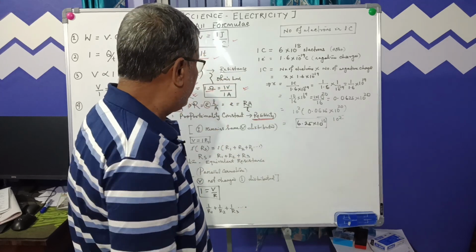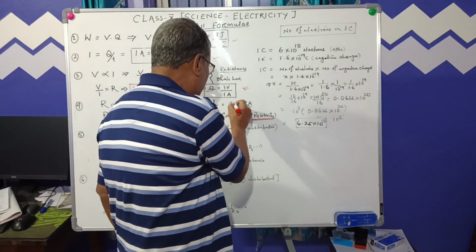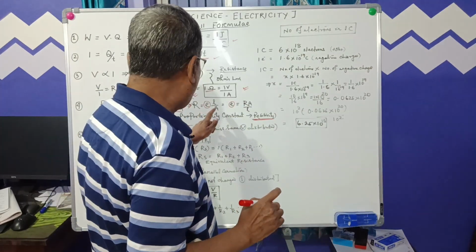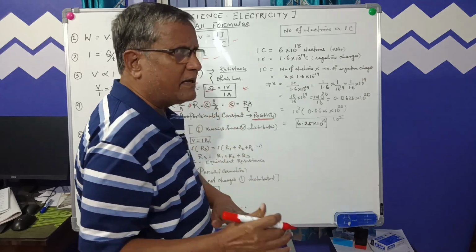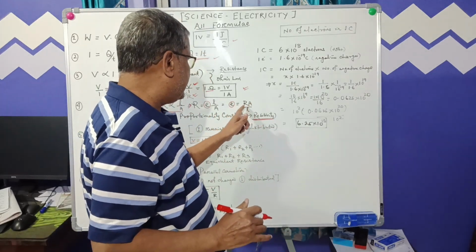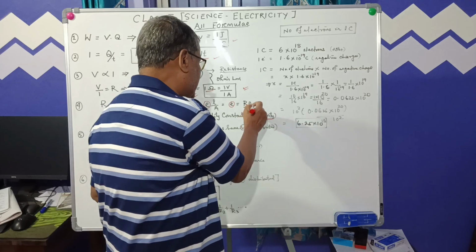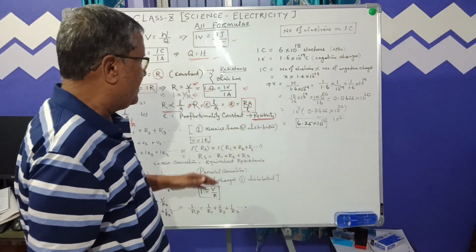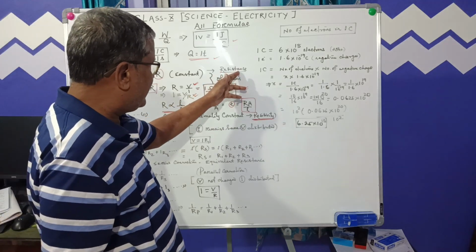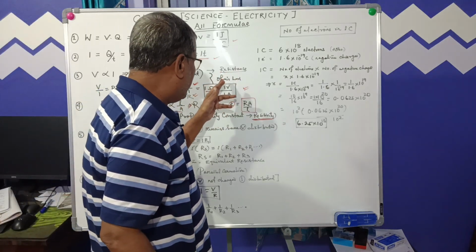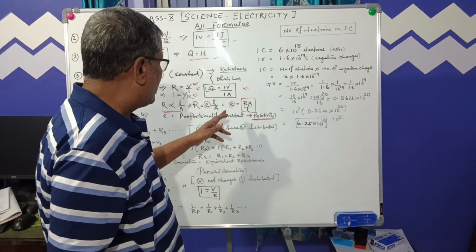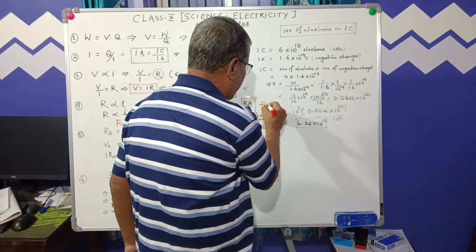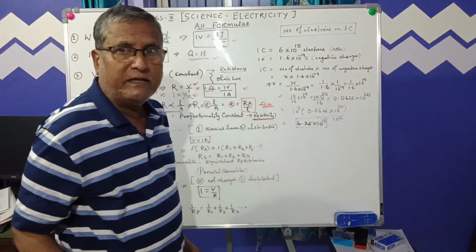You please compare. Now if you find out rho, rho is equal to R into A by L, by transposition: resistance into area of cross section, by length, and this is the formula. The unit of resistance is ohm, but the SI unit of rho is ohm meter. That is the difference.